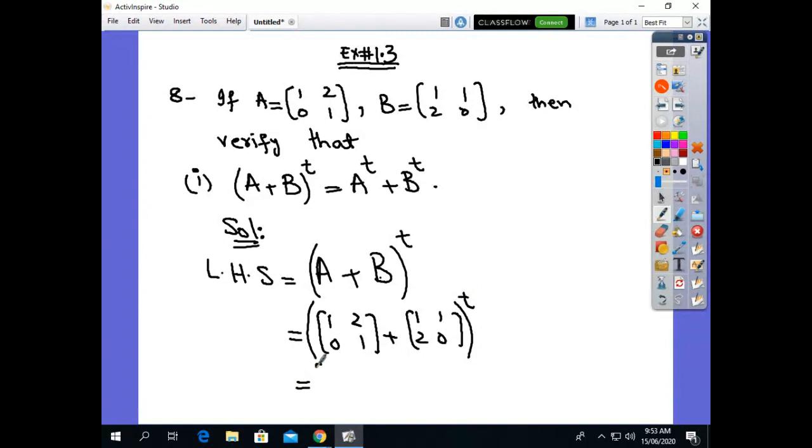Now first of all add these two matrices: 1 plus 1, 2 plus 1, 0 plus 2, 1 plus 0, and transpose on it.